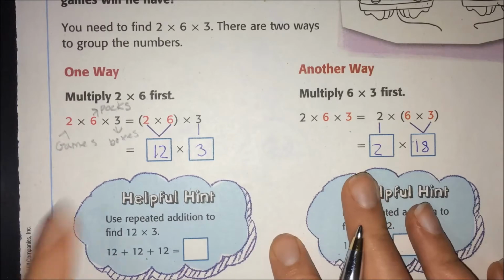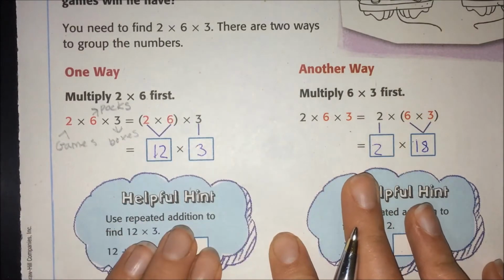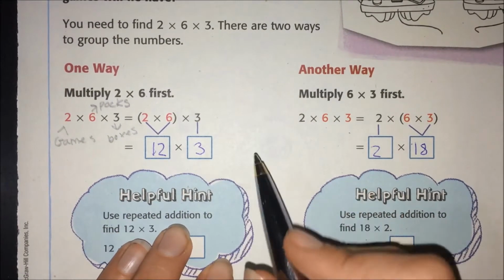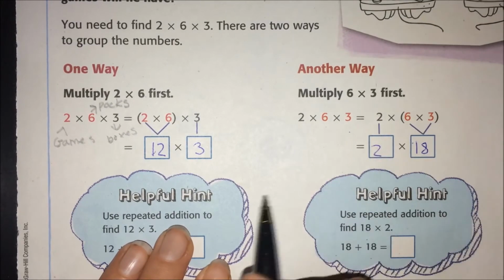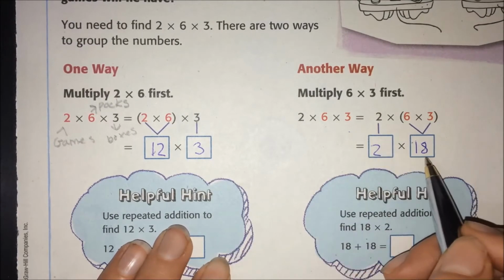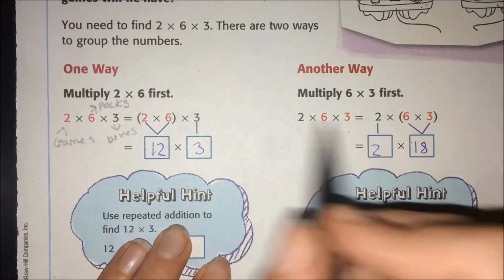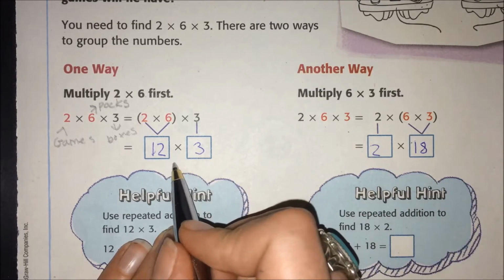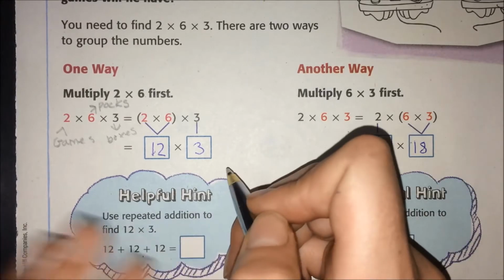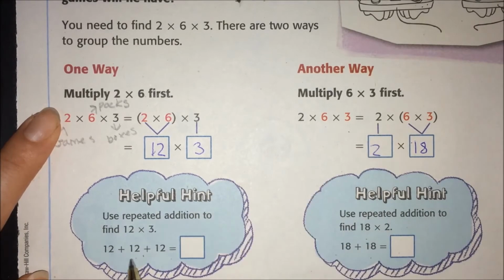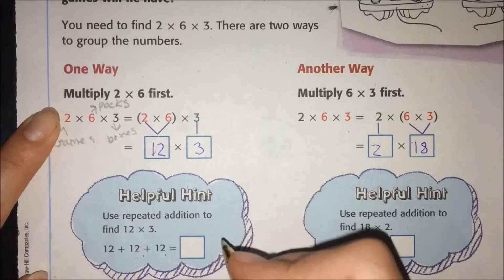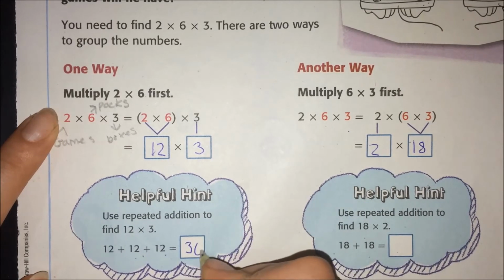How do you know which one to do? Well, actually it doesn't matter. It's really up to you. You get to pick. For me personally, 2 times 18 is not one of my multiplication facts. I never memorized that. So I'd probably go for this one. Either way, I know that 12 plus 12 plus 12, or 12 times 3, equals 36.